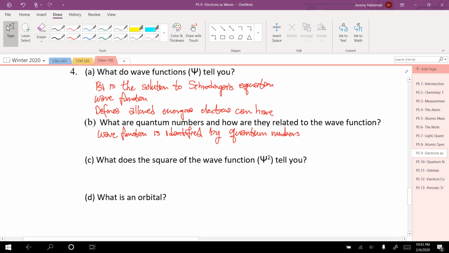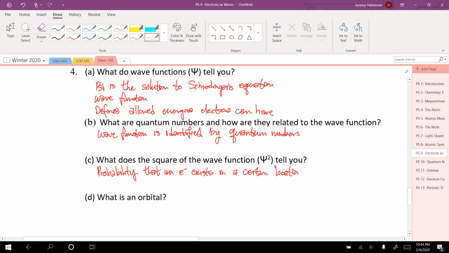What does the square of the wave function give us? Okay, so the wave function is like an equation that tells us the energies that the electron can have. When we square it, we get the probability that an electron exists in a certain location.